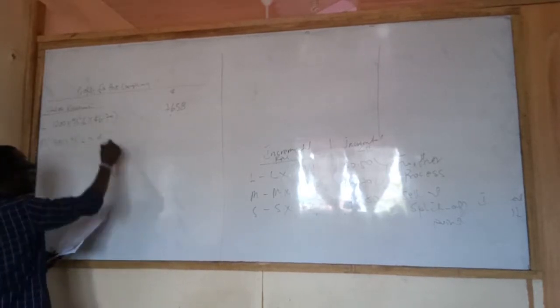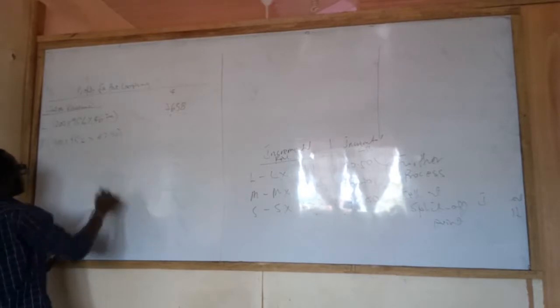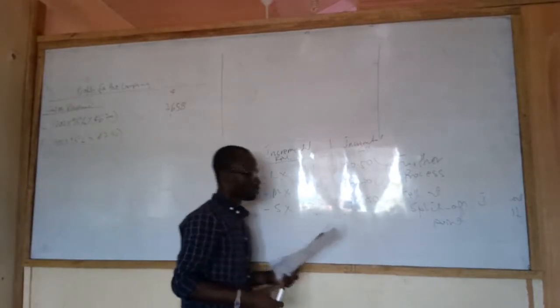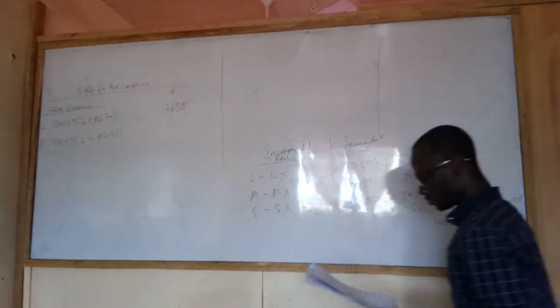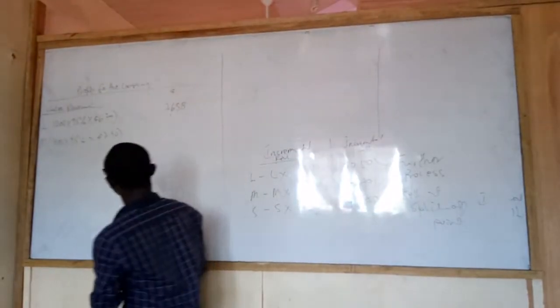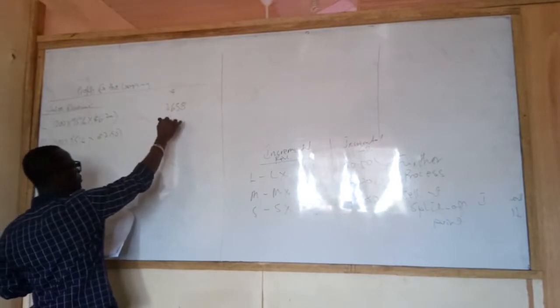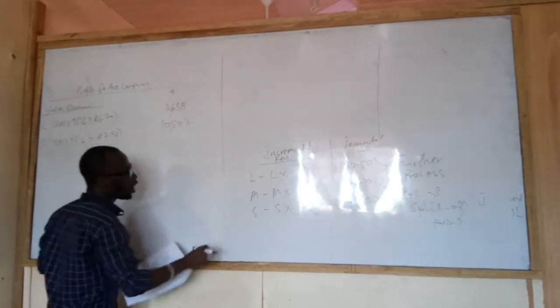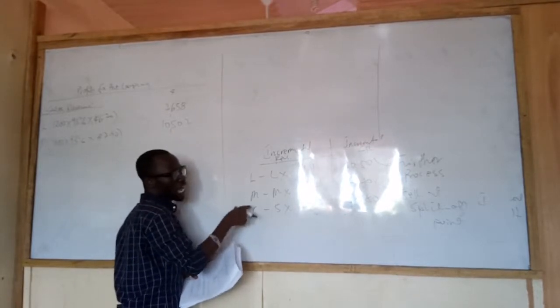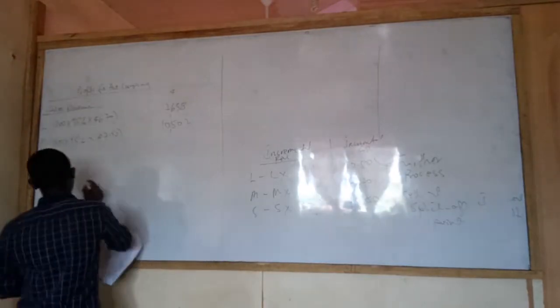What is the value? 7.90, right? So let's get the answer. 10,507. Are we done? No, because we said S should be sold at the split off point.